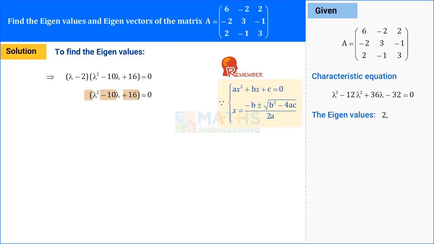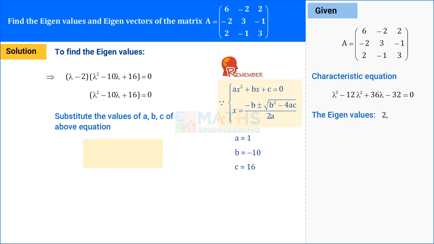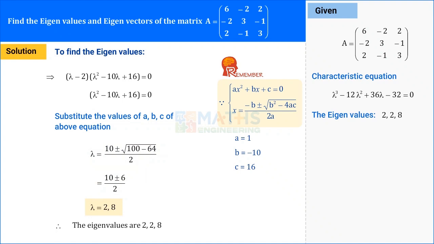When comparing the coefficients, we get a value is equal to 1, b value is equal to minus 10, c is equal to 16. We substitute these values in the formula and solve. So we get lambda is equal to 2 and 8. The eigenvalues are 2, 2, 8.